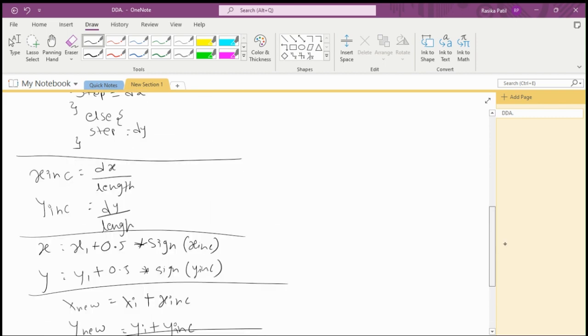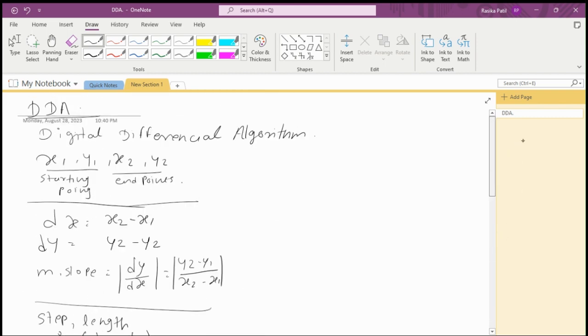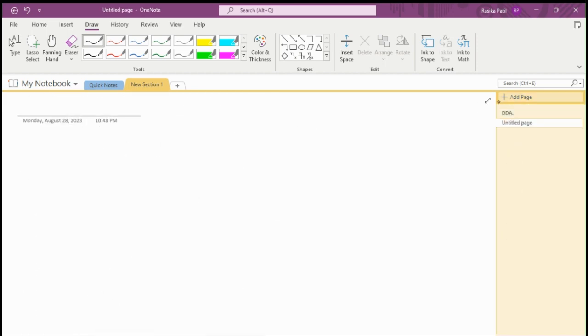Now we will try to solve an example from problem 1. In problem 1, what is given to us?